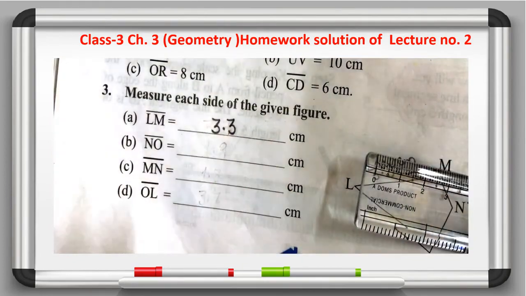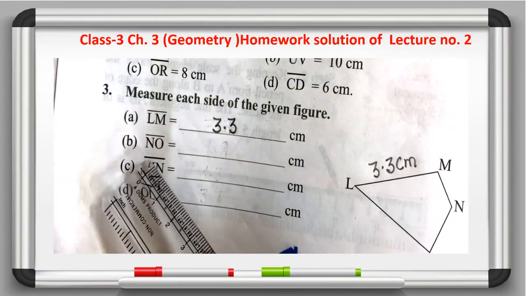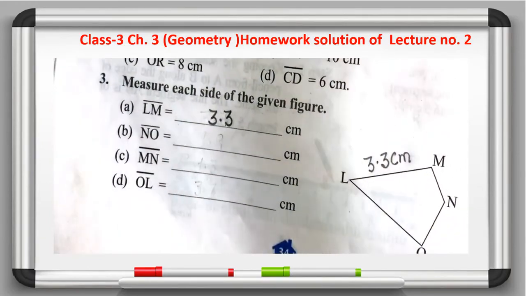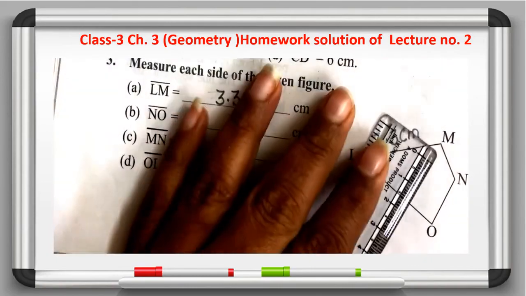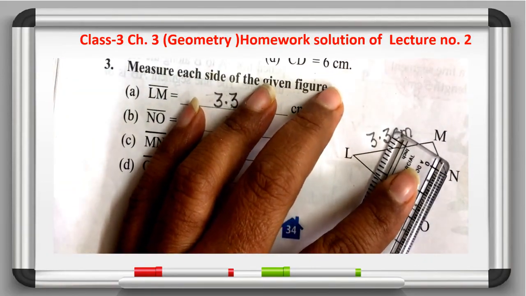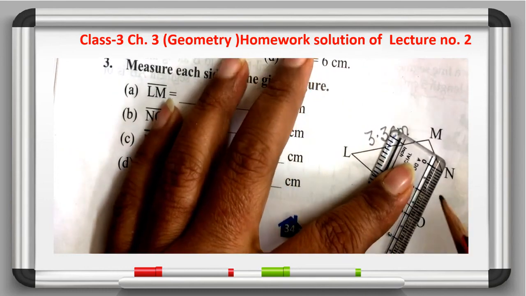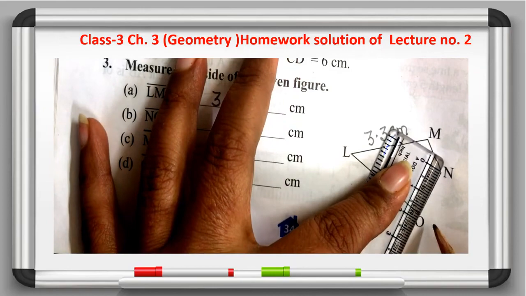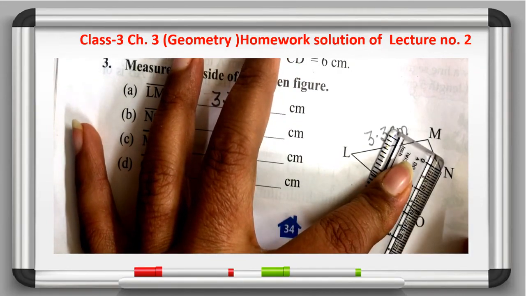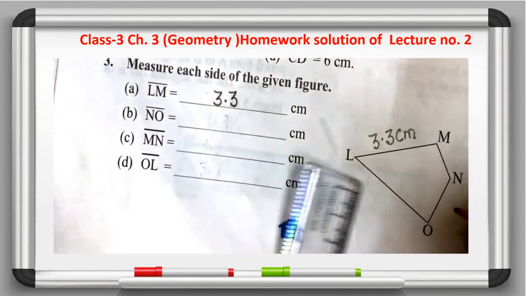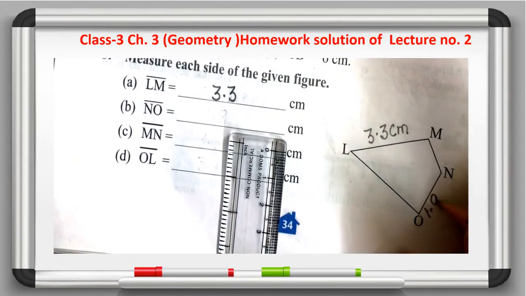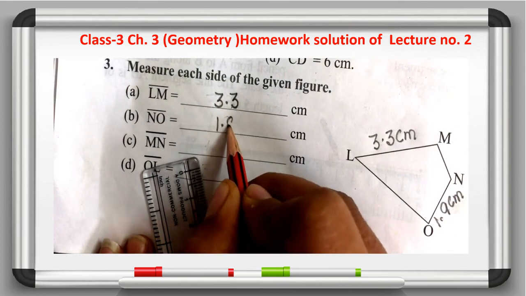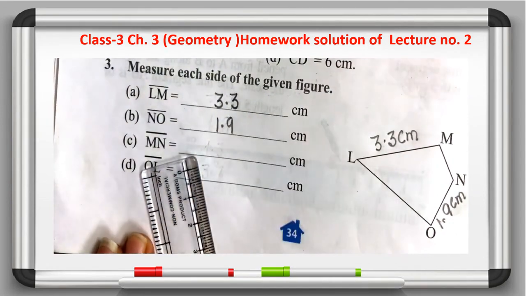Okay beta. Now the next line segment is line segment NO. So here NO is given. We will again measure the length of this. The length of this line segment is 1.9 centimeter. And here also we will write the length of this line segment, that is 1.9 centimeter.